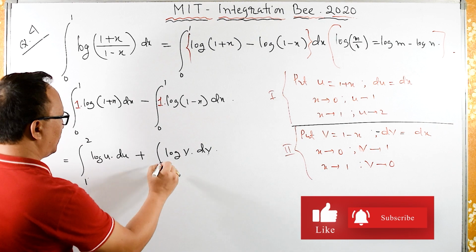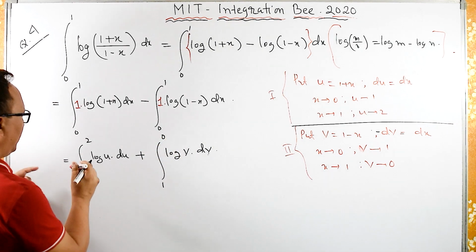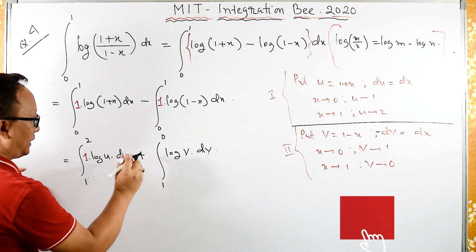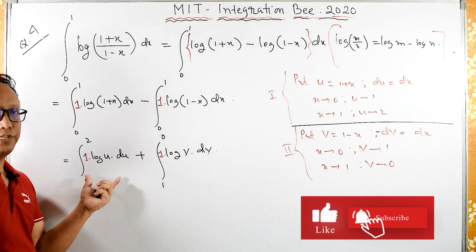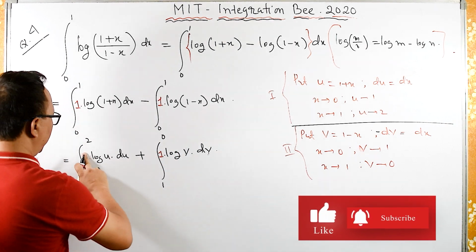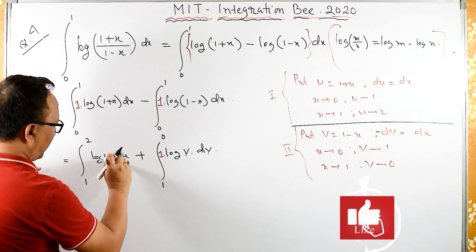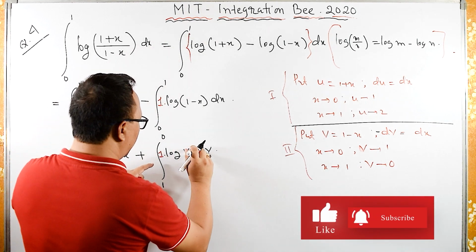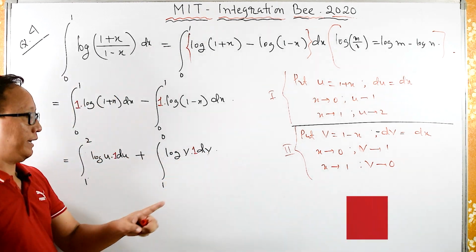As I told you, let's consider 1 over here and use integration by parts. I will consider log u as the first function and 1 as the second function. Similarly, log v as the first function and 1 as the second function.